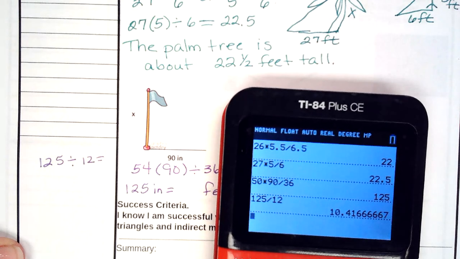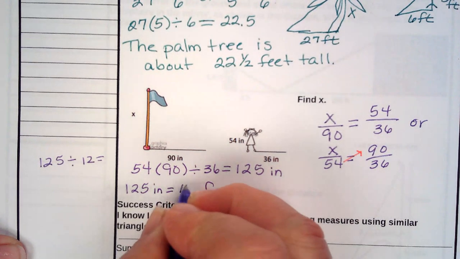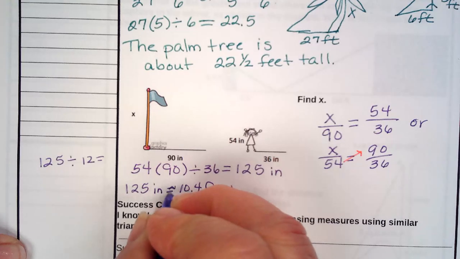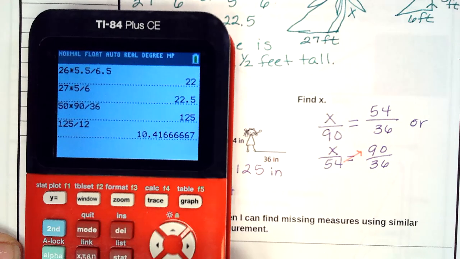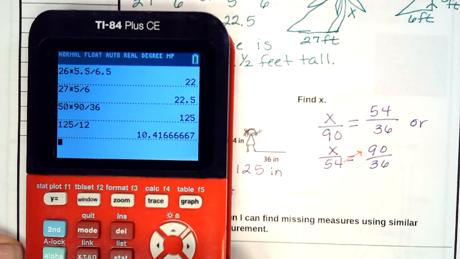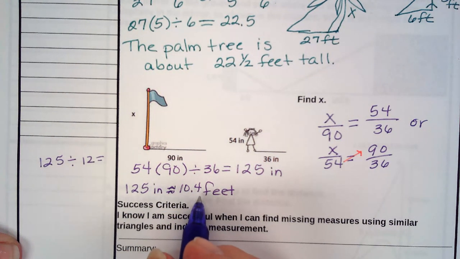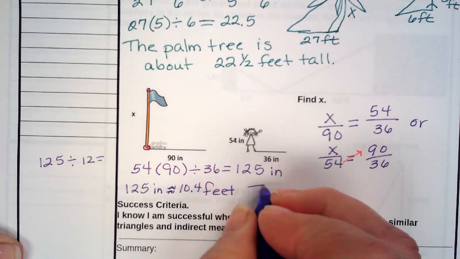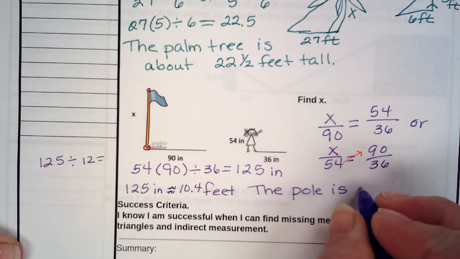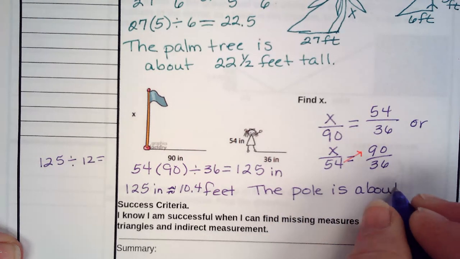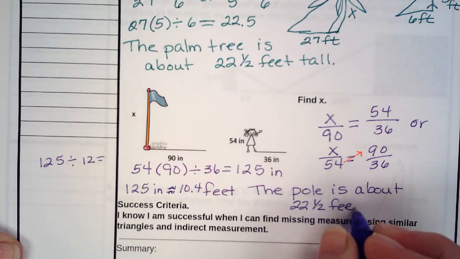And we end up with 10.4, and it goes 1.666. Well, honestly, I would probably go ahead and round up to a half. And I would say the pole is about 22.5 feet tall.